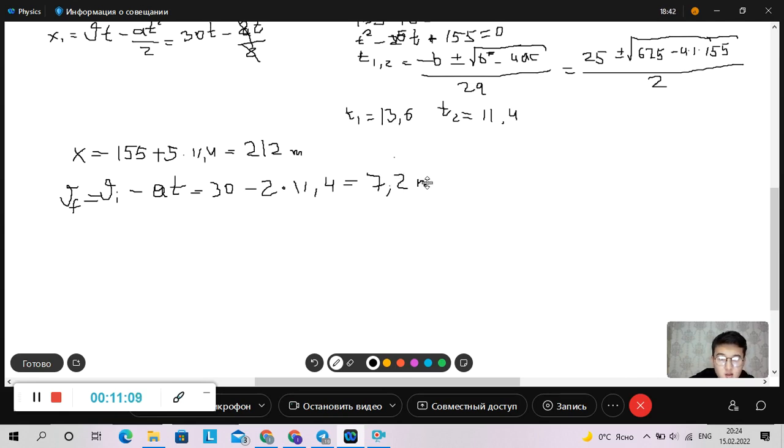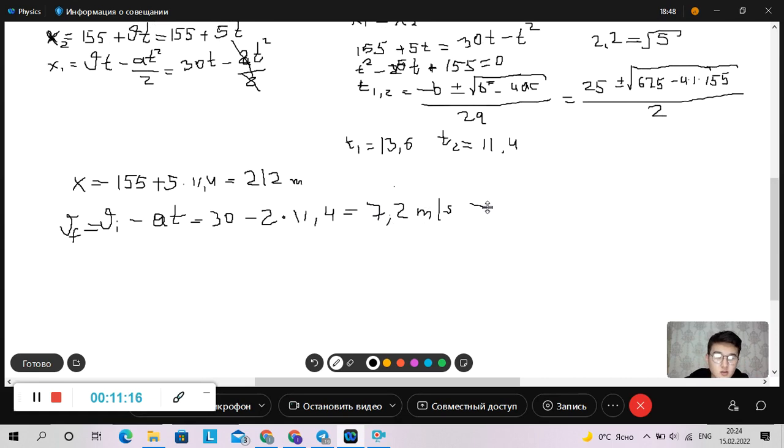The final velocity is 7.2 meters per second. This is more than 5 meters per second.